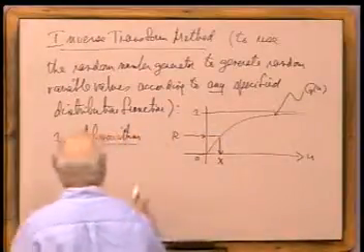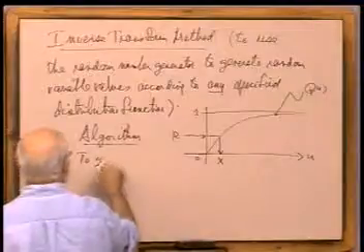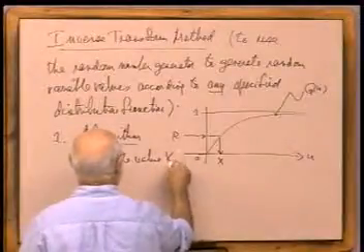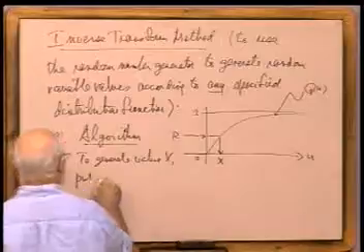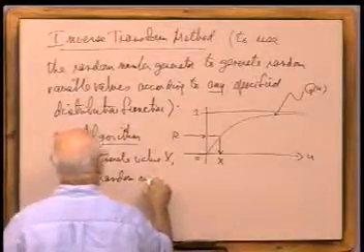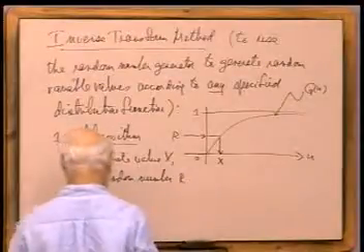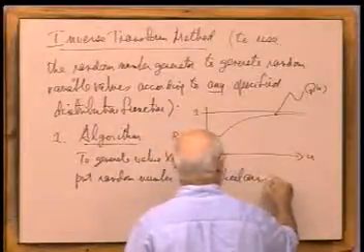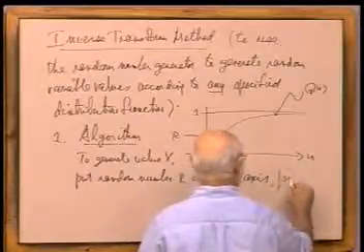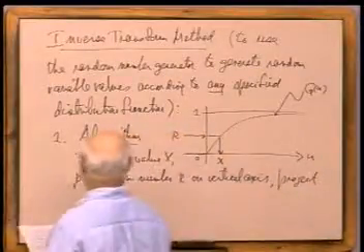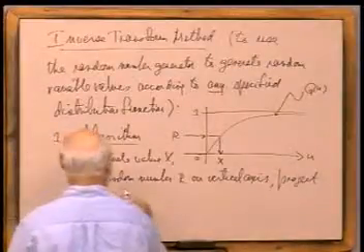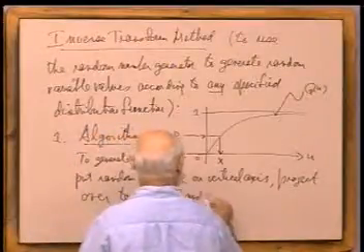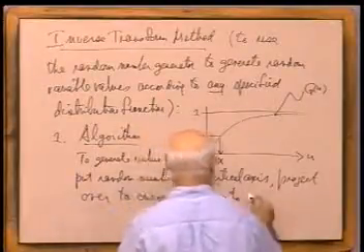Okay, so here is the algorithm, which is just writing down now what I said. To generate a value X, put random number R on the vertical axis, project over to curve G, and down to the horizontal axis.